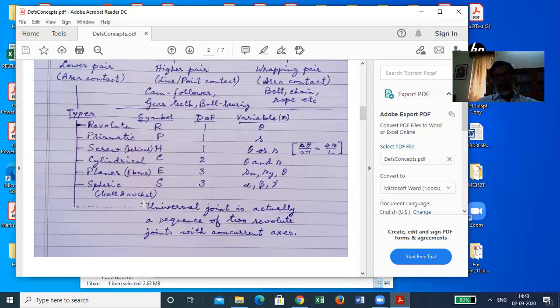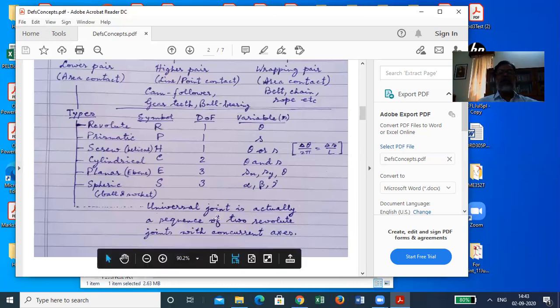Okay, there are proper ball and socket joints which are in no way a sequence of three concurrent successive revolute pairs. So the universal joint does not have a counterpart in this classification of kinematic pairs.